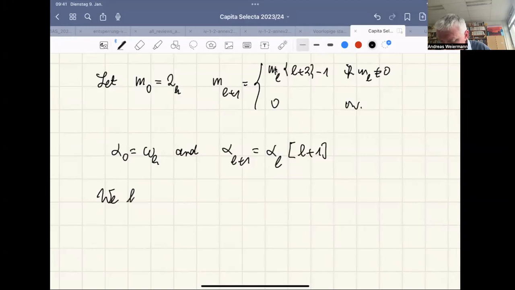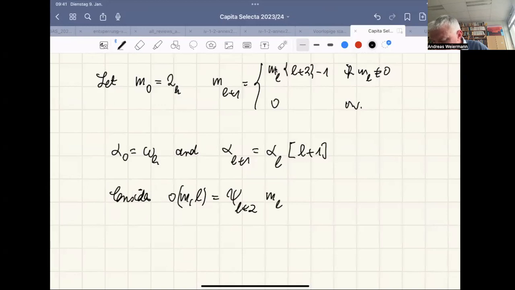We do have, well, consider again O(M_L) being equal to C_{L+2} of M_L.